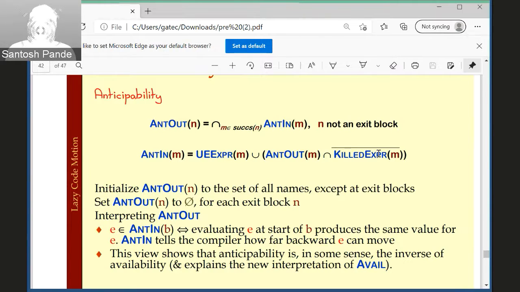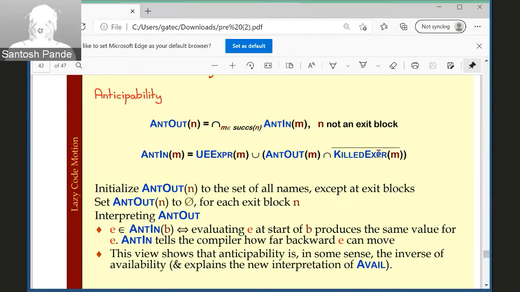So in short, if we come to a point of non-availability, that basically means there is at least one path along which we don't have x plus y as an evaluation in hand, because it was never evaluated.